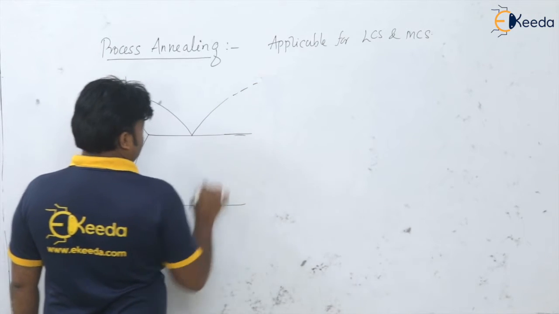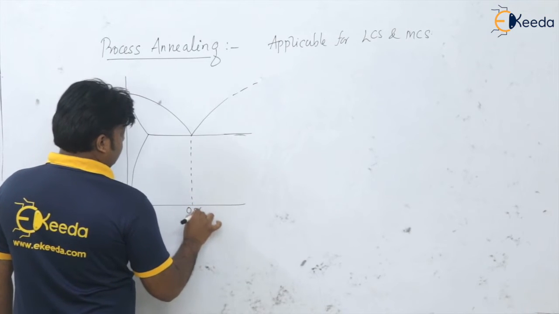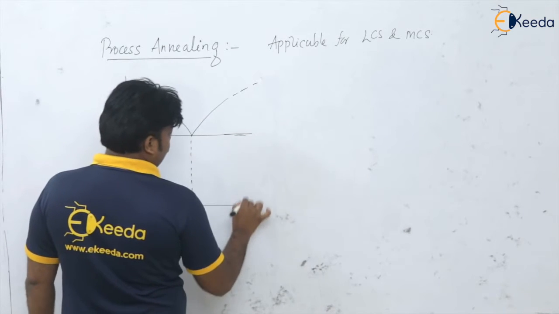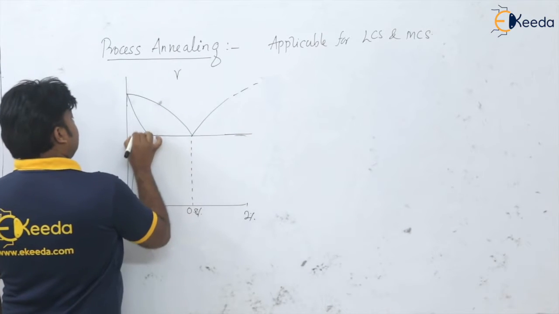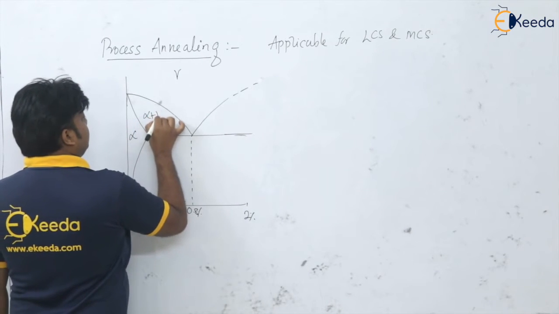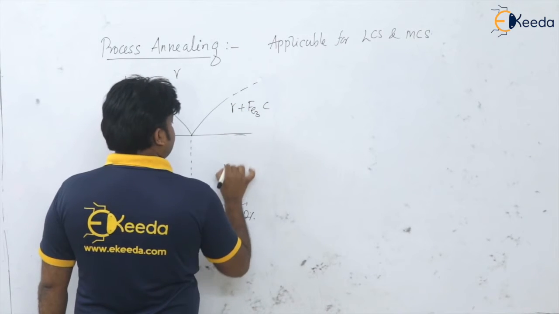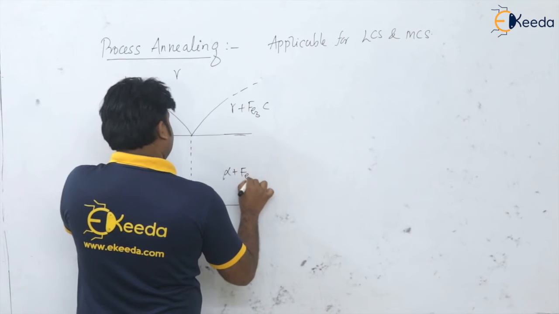This is carbon percentage up to 2. This is 0.8% carbon. This is 0.025% carbon, and this is up to 2% of carbon. This is gamma austenite. This is alpha ferrite, alpha plus gamma. This is gamma plus Fe3C, and this is alpha plus Fe3C.